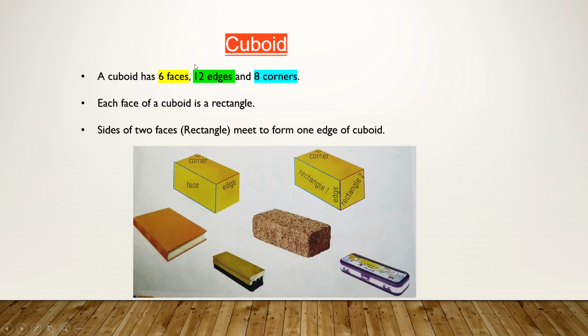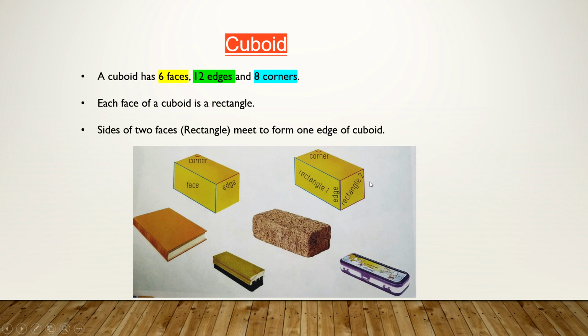So let's see about the cuboid. A cuboid is also the same, but the only difference is these sides are a little stretched, so opposite edges are equal. So here we have rectangle 1, here we have rectangle 2, and when these two rectangles meet, they form one edge. Okay, so instead of each face being a square, each face is a rectangle.